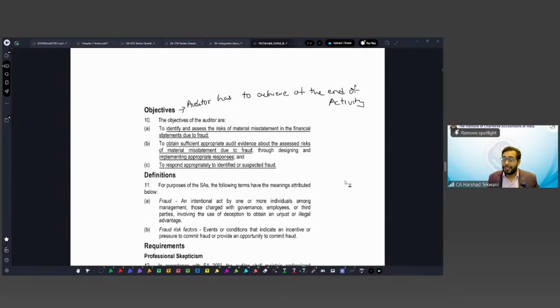Okay, so this is something the auditor has to achieve. Whenever you see standards tell you what the auditor has to do, what is the end outcome that the auditor has to achieve, that is none other than your requirements also, or responsibilities basically.